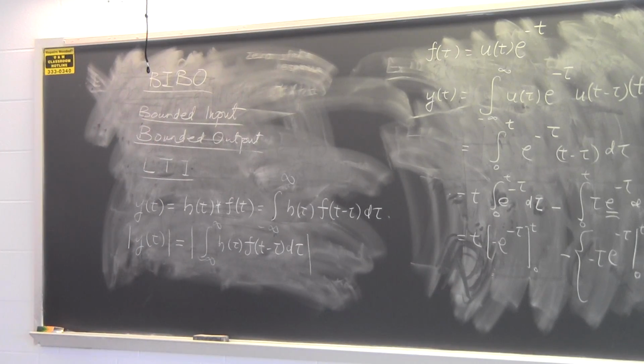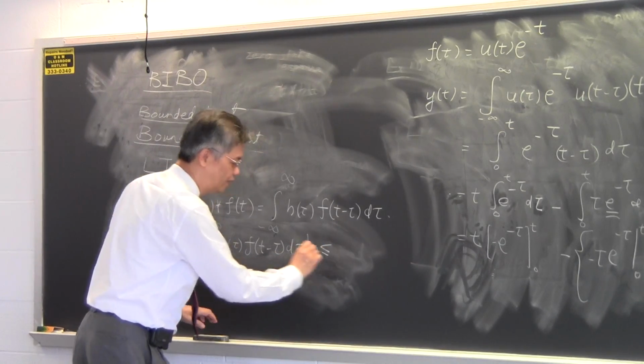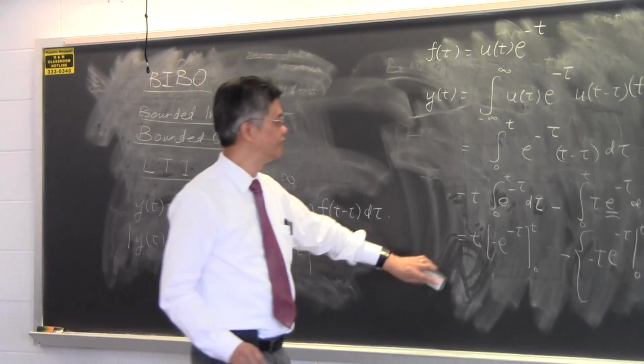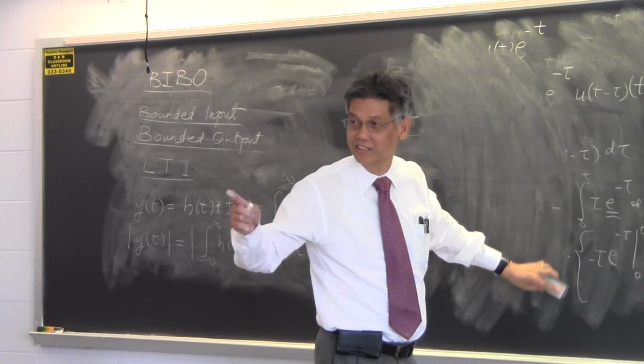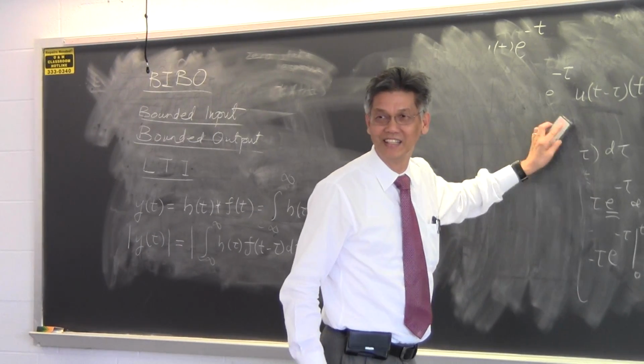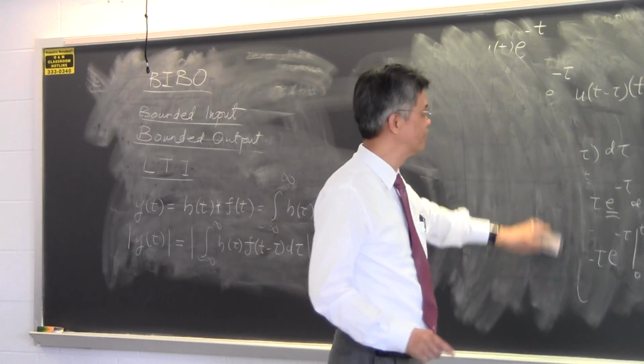When you take the magnitude of a sum, and an integral is a sum, what inequality would you invoke? You would want to make this less than or equal to something. The triangular inequality, or something that grows from the triangular inequality.